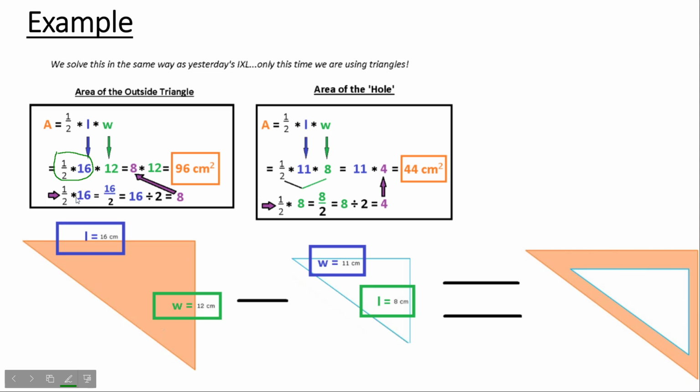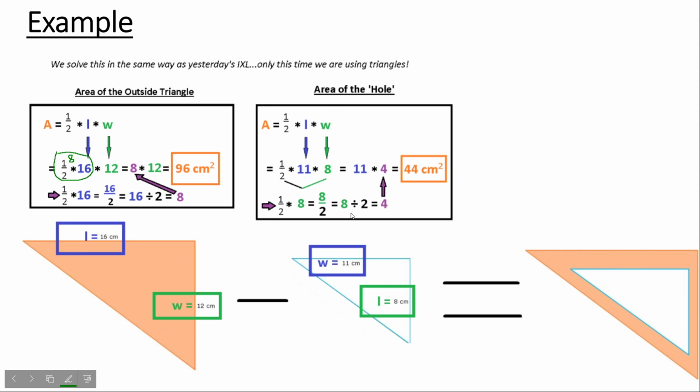We already said 1/2 times 16 is the same thing as 16 over 2, which is the same thing as 16 divided by 2, which is 8. And we're going to use that 8 in just a second. So what I circled here, we're going to replace with an 8. And that's how I got this 8 here. So now you just take 8 times the 12, and that gives you 96 square centimeters.